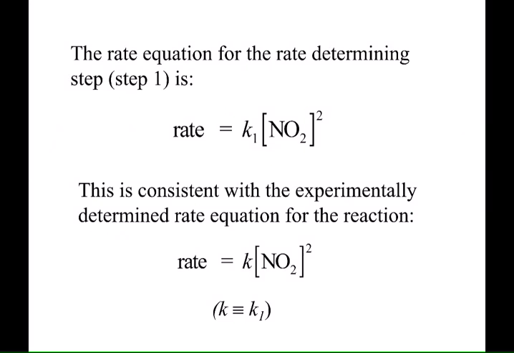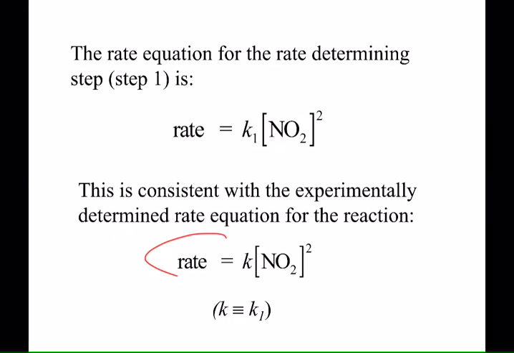All right, yep. So we focus on the first elementary step. Rate 1 is equal to K1 times the molar concentration of NO2 raised to the second power. Because it's bimolecular, we can use molecularity since it's an elementary step. And then down here at the bottom, I did something that I do in working my problems.